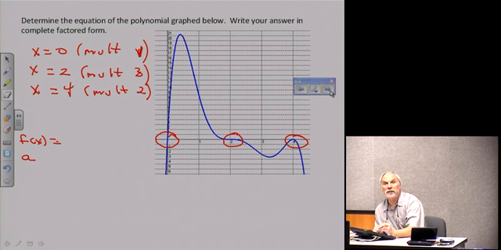Our first x-intercept is at x equals 0, so the factor is just x minus 0, or plain old x. We have an x-intercept at 2, so x minus 2 is a factor. It's got a multiplicity of 3, so we're going to cube it. And then our last x-intercept is at x equals 4, and it's got a multiplicity of 2. So x minus 4 squared.